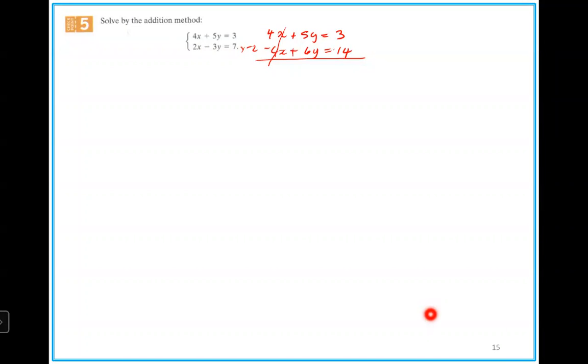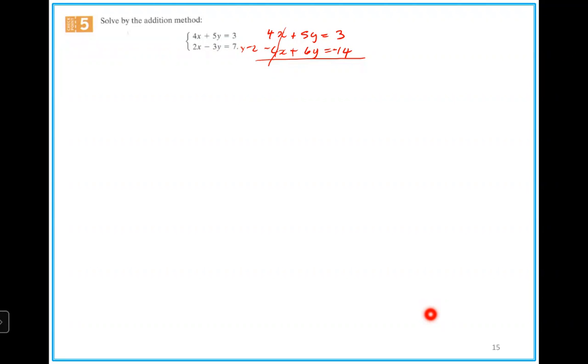Okay, so we're multiplying by -2. So -2 times -3 will give you a positive 6, and -2 times 7 will give you a -14.